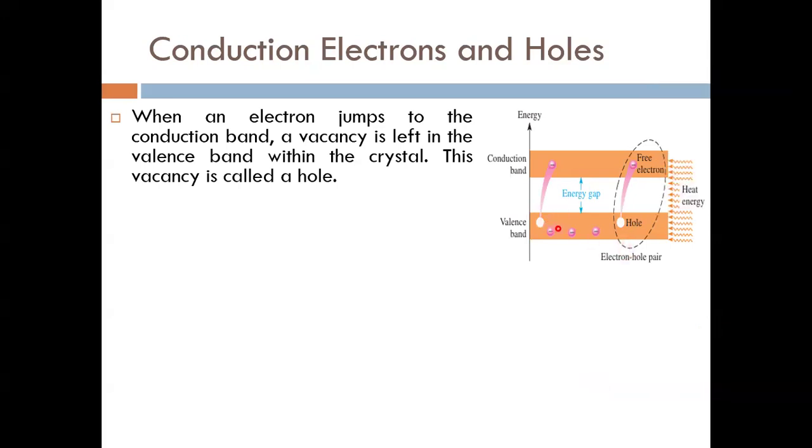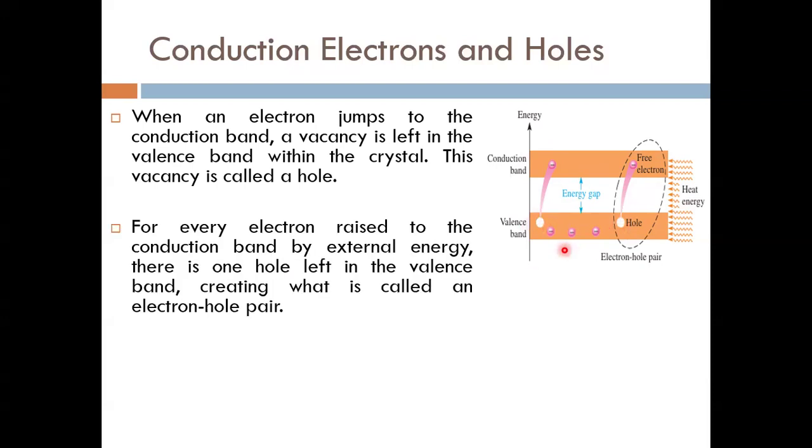So this is the valence band. 2 electrons from this valence band have moved to the conduction band with some external heat energy, and as they have moved to the conduction band, their vacant space is now treated as a hole, and they both, electron and hole, are treated as an electron hole pair.